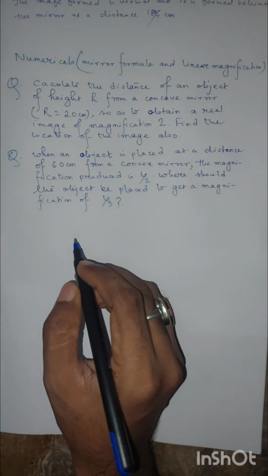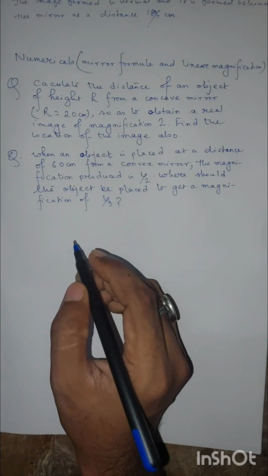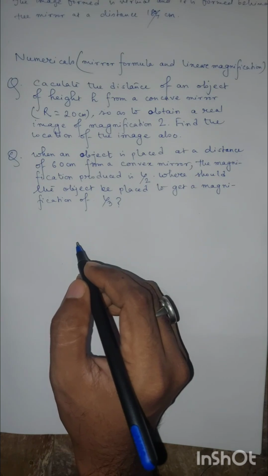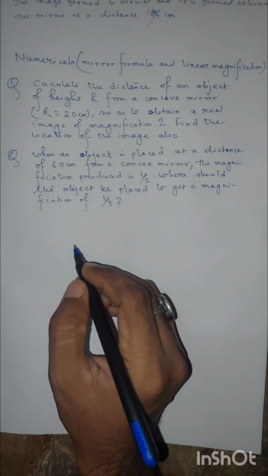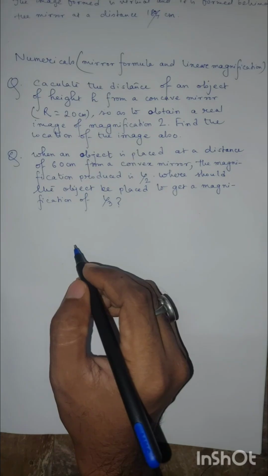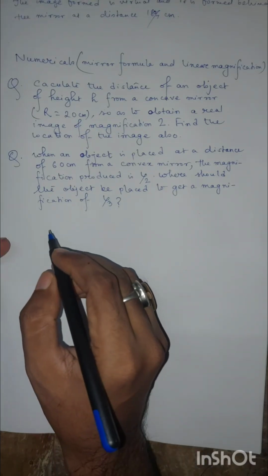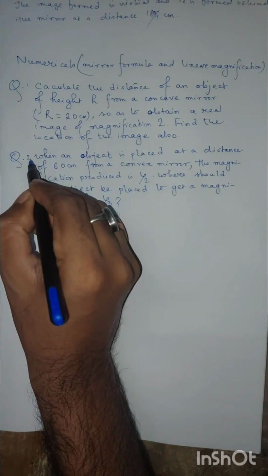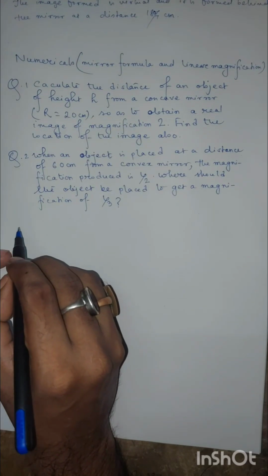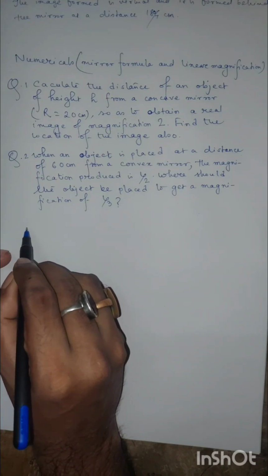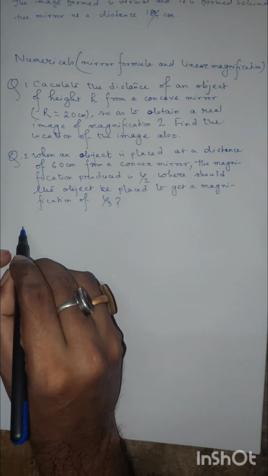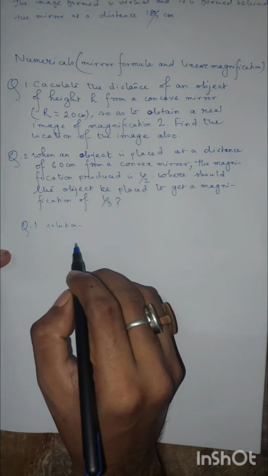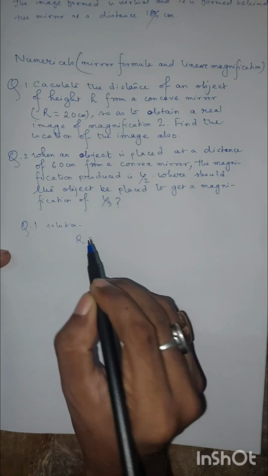So, question number 1. Solution. Radius of curvature is given.